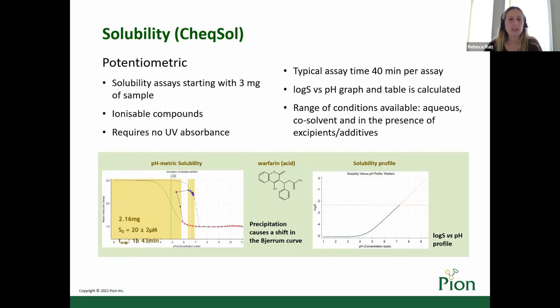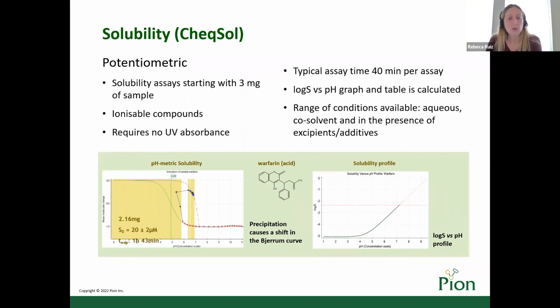For the potentiometric technique, solubility assays are starting at around 3 millimolar, 3 milligrams of sample. However, this quantity of sample depends more or less on the solubility of the sample, so maybe we will need more sample to perform the solubility.